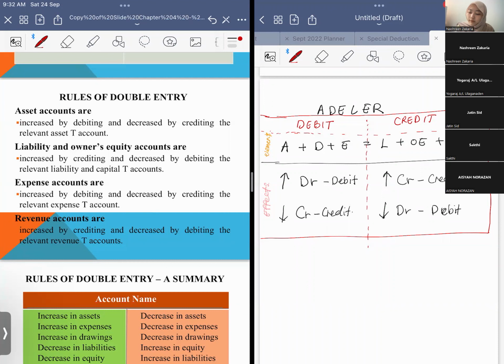You just need to remember this is an important formula for you to memorize. Whatever questions are related to accounting effect or double entry, just refer to this formula.